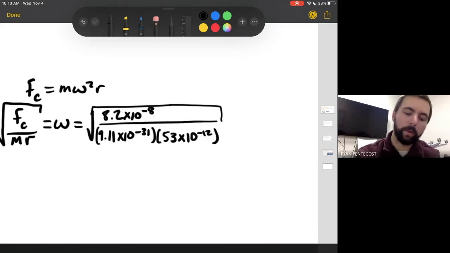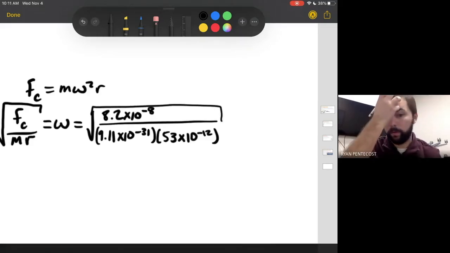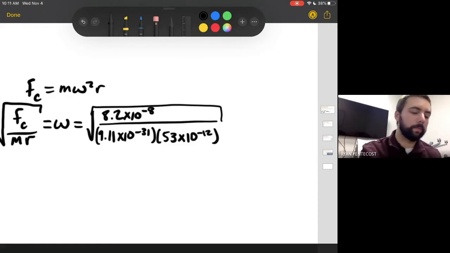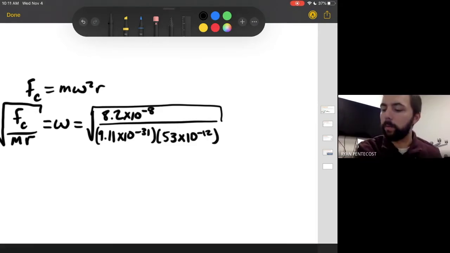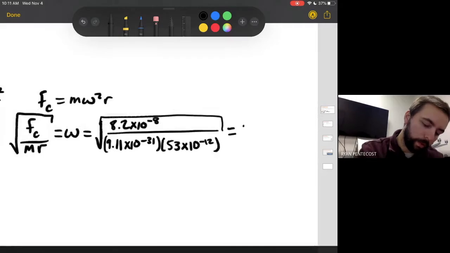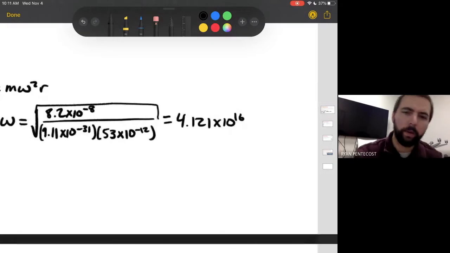Divide that, put it all under the square root, and that is what we'll get for our omega: 4.121 times 10 to the 16th.